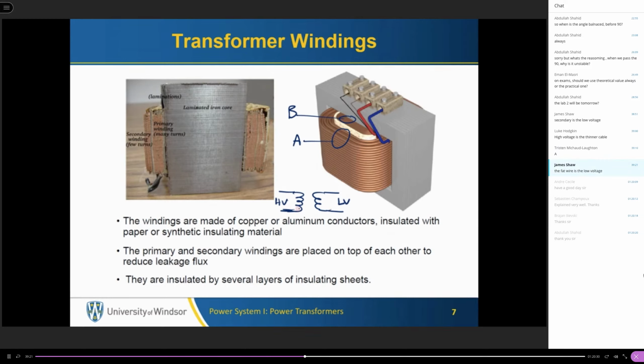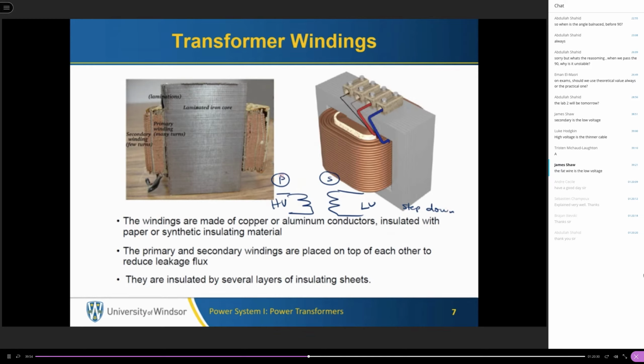So here, for instance, if this is the primary and this is the secondary, this is the high voltage and this is the low voltage winding, then this is a step down transformer.